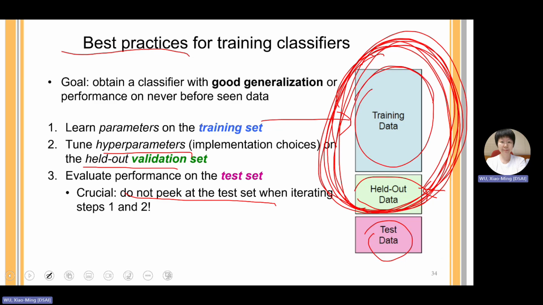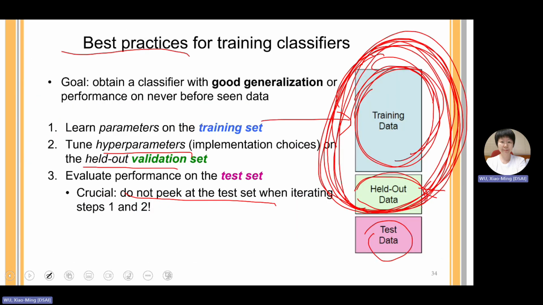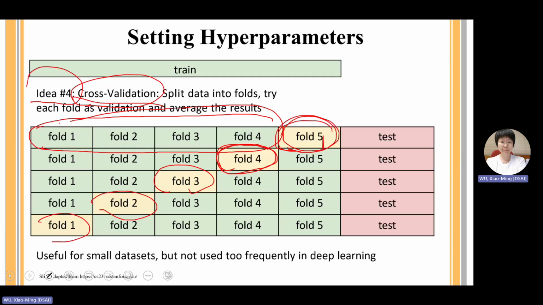The training set is fixed, and the validation set is also fixed. But if you do cross validation, you need to train the model for different runs, using different folds of data for training and a different fold for validation.